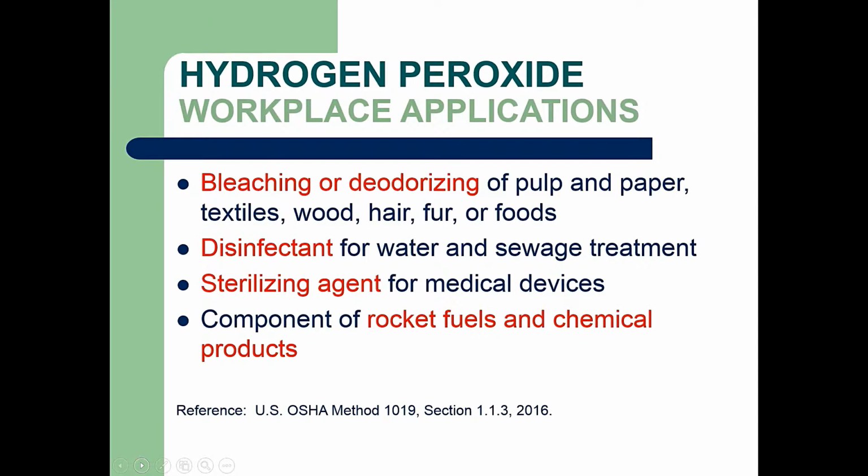Okay, so let's begin with hydrogen peroxide. You know, this chemical really has a lot more applications in industry than you may realize. I did a little internet research and found that about 60% of the world's production of hydrogen peroxide is used for pulp and paper bleaching. As consumers, I'm sure many of us take advantage of the bleaching properties of hydrogen peroxide, whether we're hair lightening or teeth whitening, right?